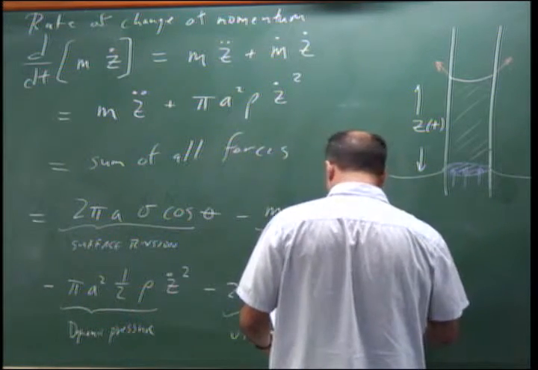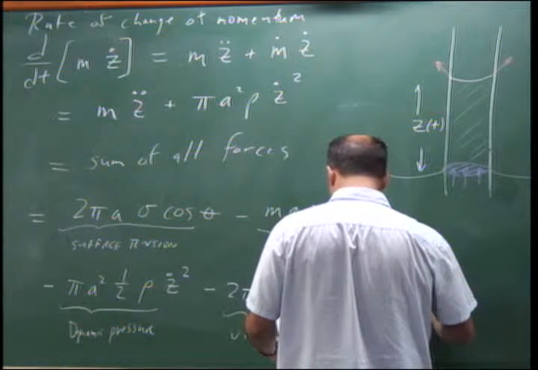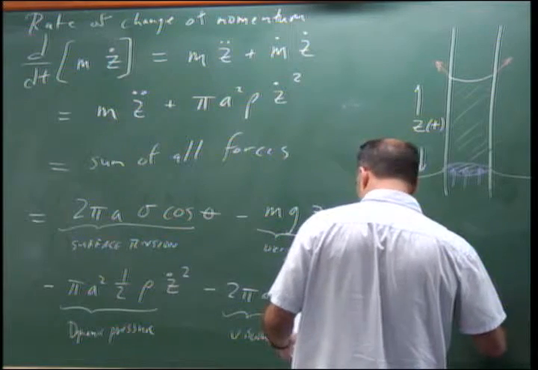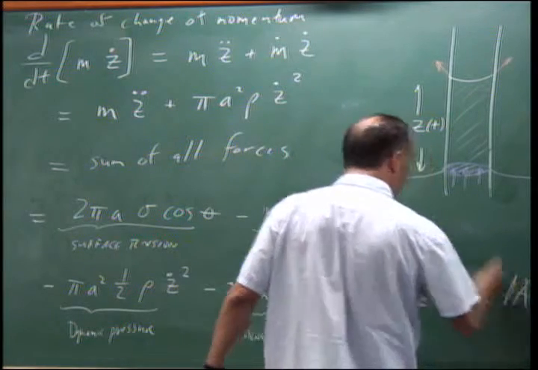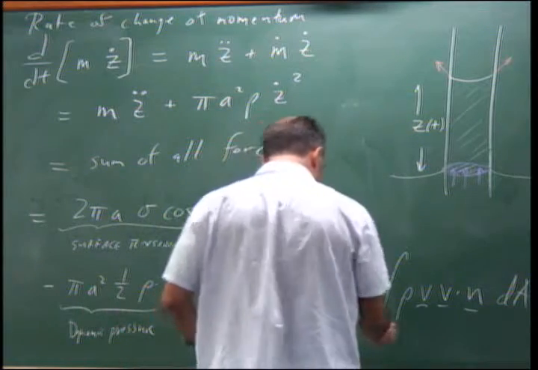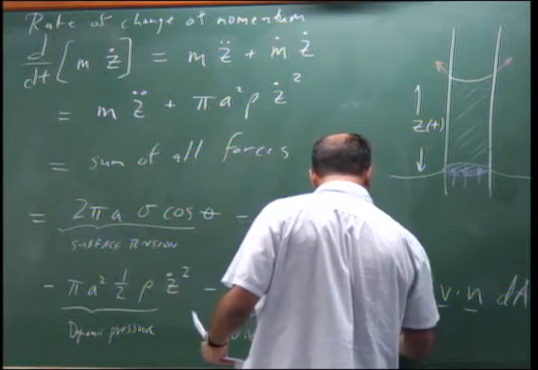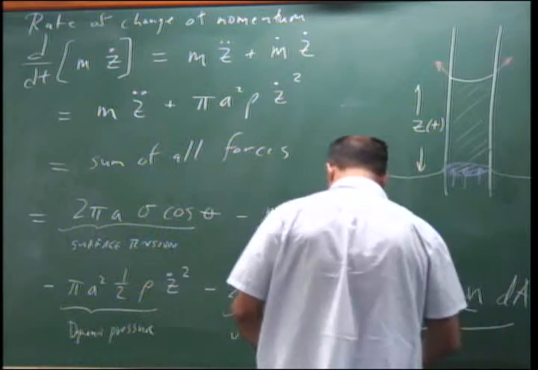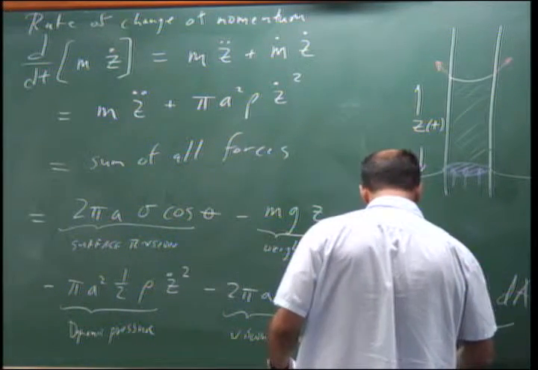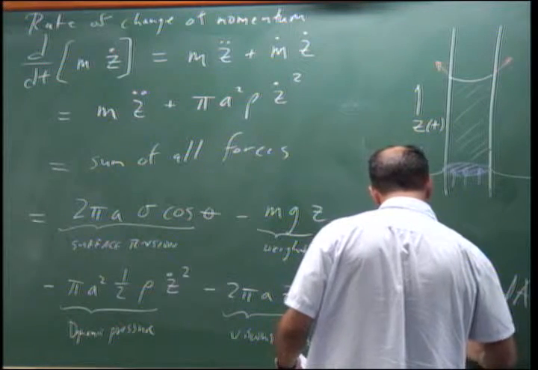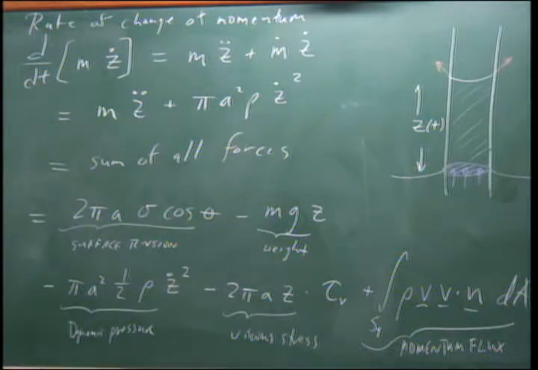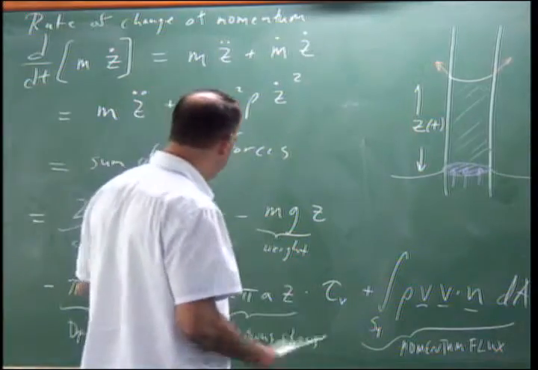So in general, you have to integrate the flux going into a fluid volume. And here the flux is coming in to the base through the surface S4. So this is the momentum flux term. Again, if you think of a rocket, it's ejecting fluid outwards and there's a resulting force acting on it.